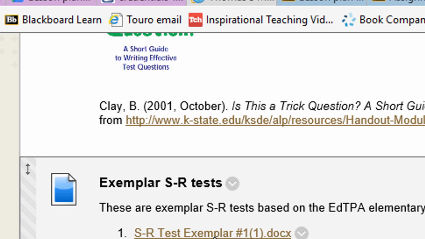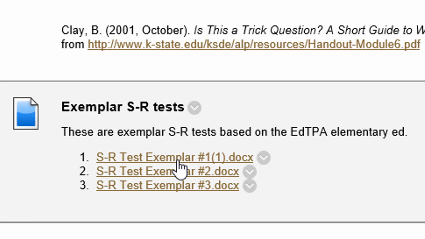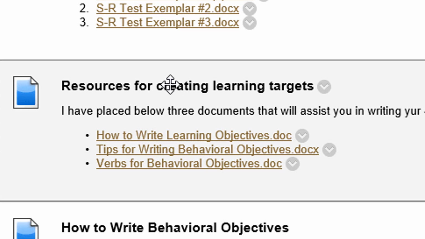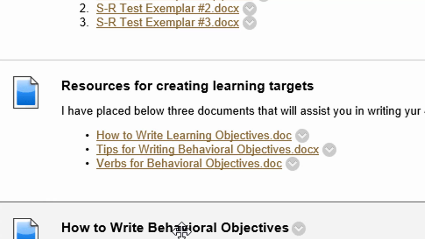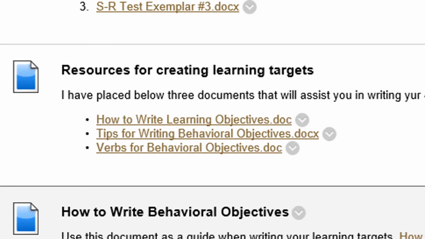I have some exemplar tests here, as always. Resources for creating learning targets. Here is an article, How to Write Learning Objectives, Tips for Writing Behavioral Objectives, and Verbs for Behavioral Objectives. And another article about how to write behavioral objectives. I believe that's the same as the one that's here.